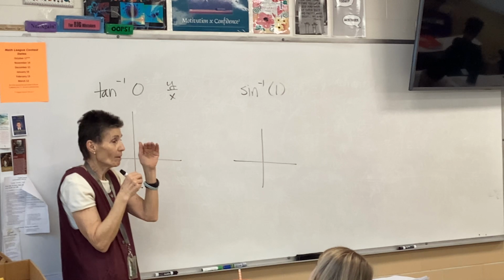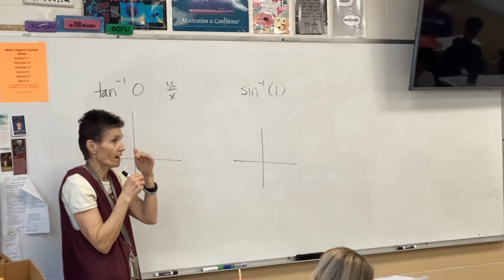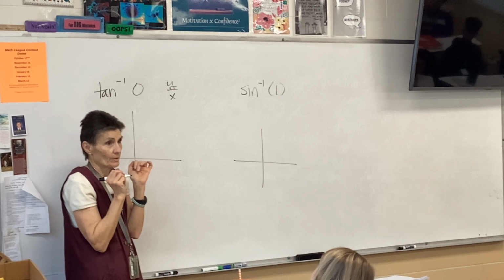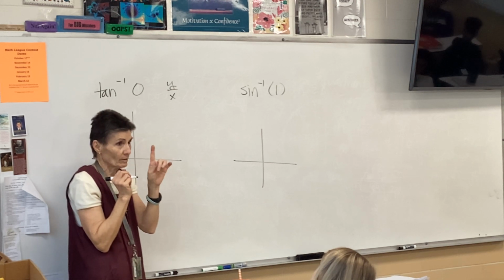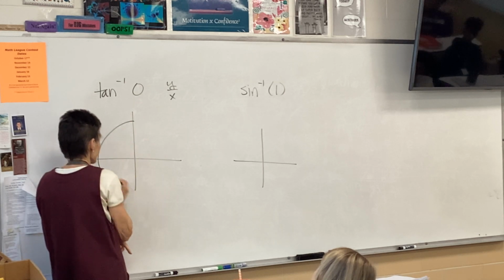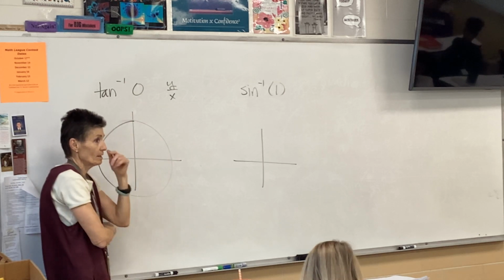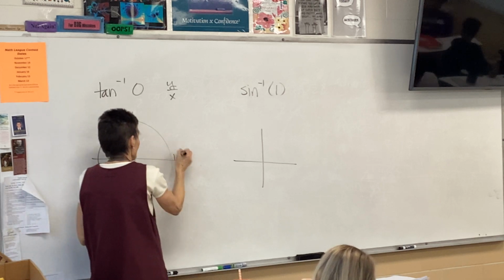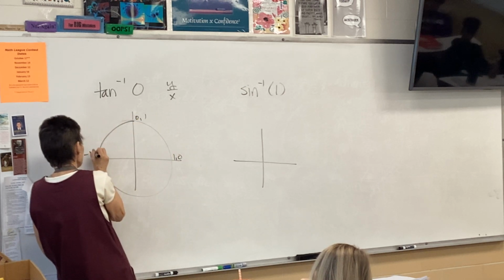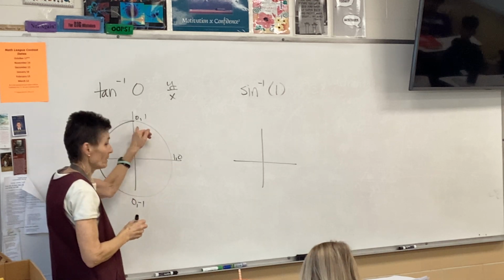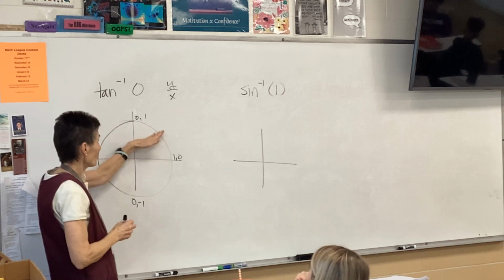Well, is it possible for the opposite side of a triangle to be 0? No, there's no triangle. If there's a 0 involved, you are somewhere on the circle, on an axis. Because isn't this where the zeros happen? They don't happen out here.